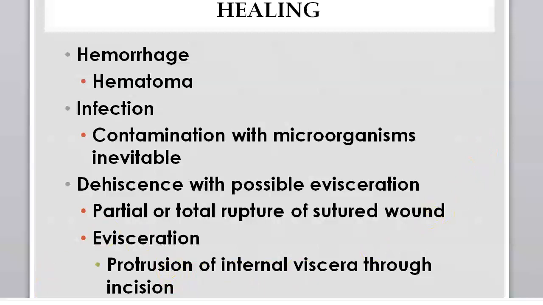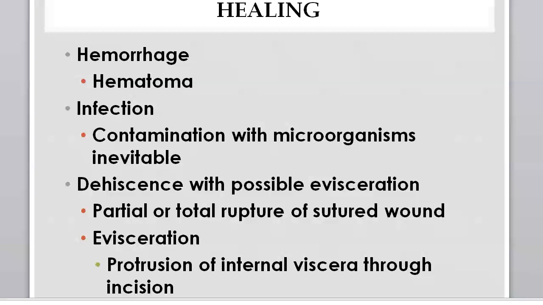And then we have evisceration, which makes it even more serious, where it's the protrusion of the internal viscera that starts to come through from the incision. This could occur due to some type of trauma, or else if someone is violently coughing, all that pressure will cause an evisceration of the wound.